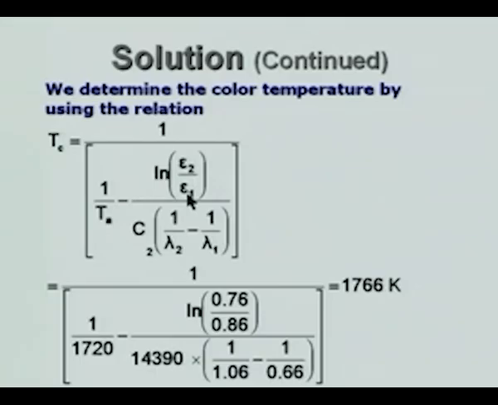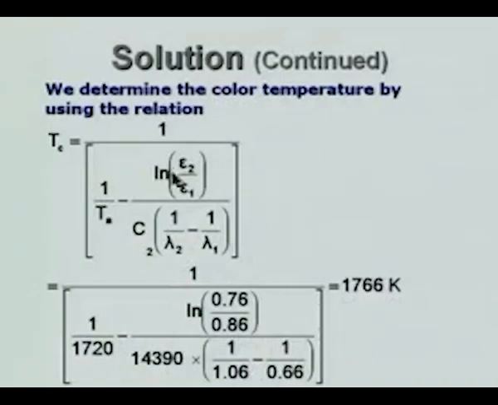Epsilon 2 at lambda 2 and epsilon 1 at lambda 1 correspondingly have to be identified. Which you consider as lambda 2 and which as lambda 1 is essentially immaterial, as long as the epsilon and lambda quantities are related to each other properly.